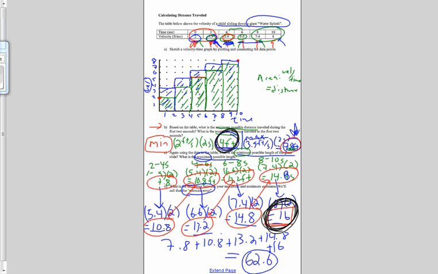So in other words, in black, this black rectangle existed in my minimum. It didn't exist in my maximum. And then this black rectangle existed in my maximum, but not in my minimum. This is a tricky idea. It'll become clear in the next slide or two.